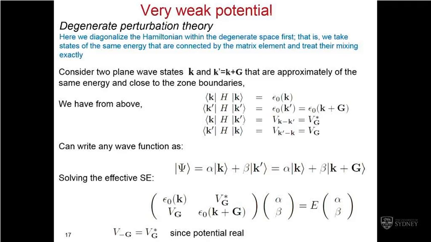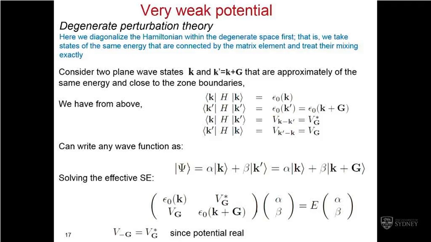So I might just slow it down a little bit. Let's think about what we've got. We've got our matrix, and two coefficients, or eigenvectors, alpha and beta, equal to E times alpha beta.